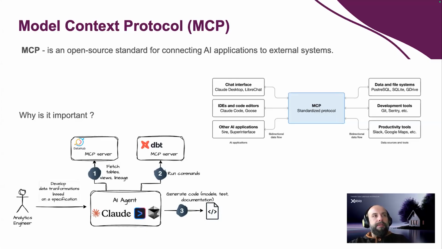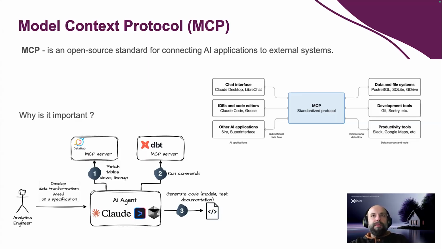In order to make these agents operational, you need to connect them to table definitions, lineage, views, and stuff like this. This is why you need an MCP server for your data catalog.